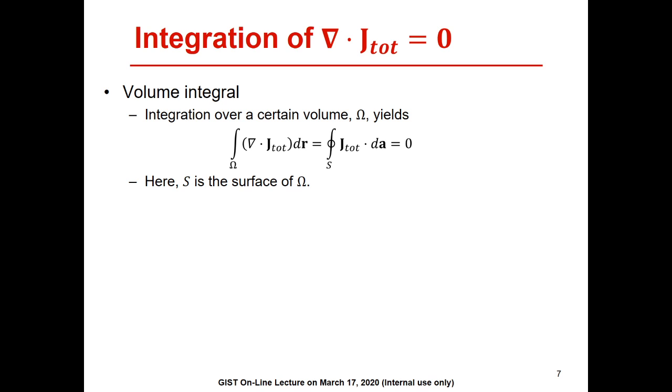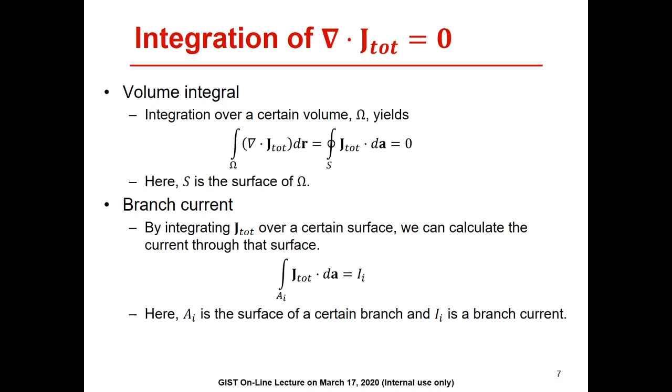Now, we can integrate the divergence of the total current density. Since it is 0, the integral should be also 0. Applying the Gauss theorem, the volume integral can be converted into the surface integral.